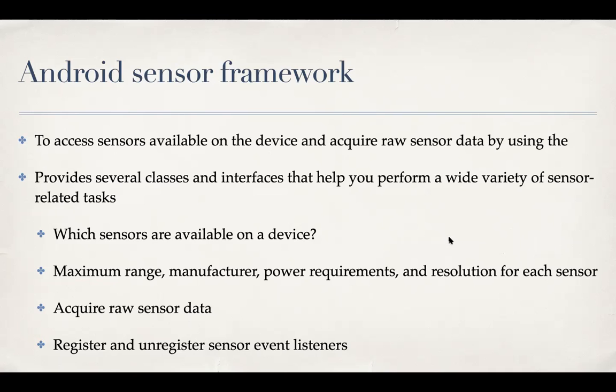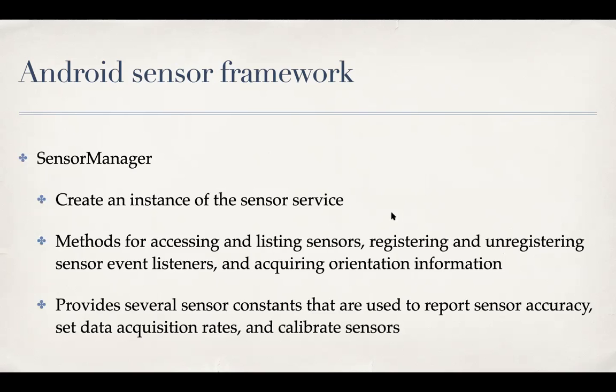What are the other important classes and interfaces in the framework? First of all, you have a sensor manager, which gives you the instance of the sensor service, which is an inbuilt service. You don't have to do anything except grab that service. It also provides methods for accessing and listing the sensors.